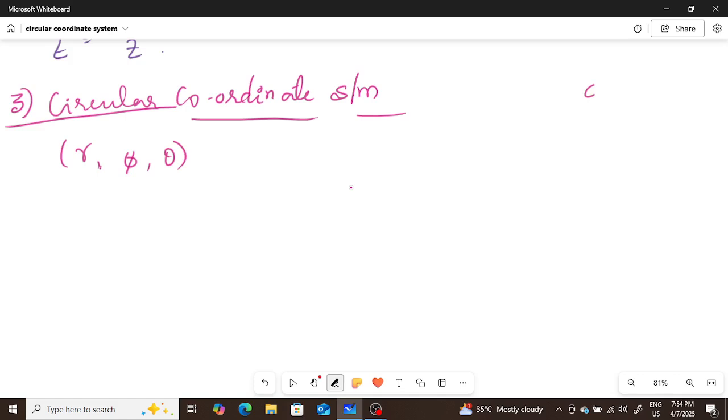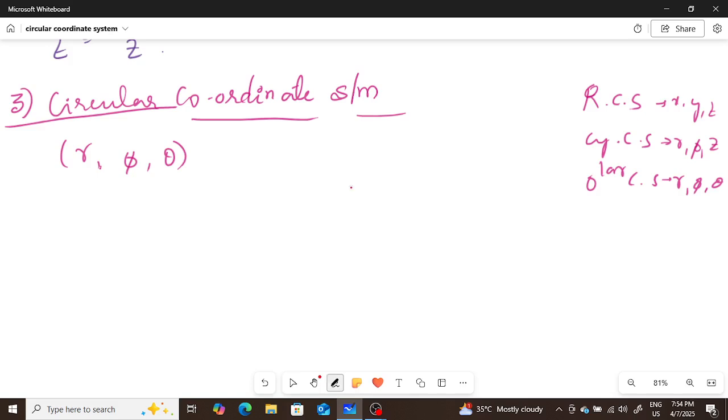In cylindrical, I'll write rectangular only to make it simple: RCS, that is rectangular coordinate system, then cylindrical coordinate system, and then circular coordinate system. Here x, y, z are the coordinate points. Here R, phi, z are the coordinate points. In this, R, phi, theta are the coordinate points.